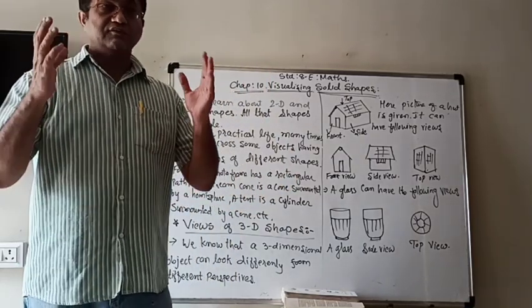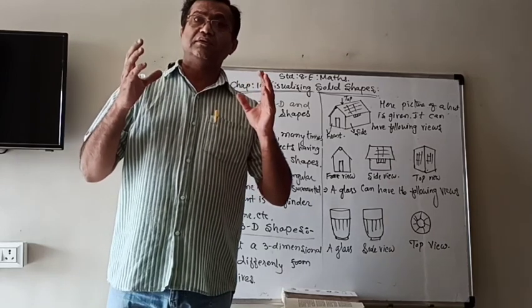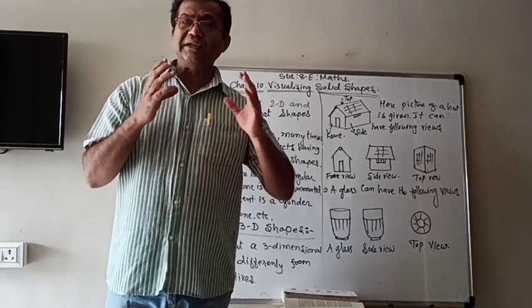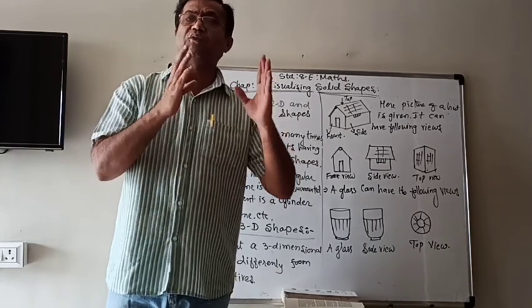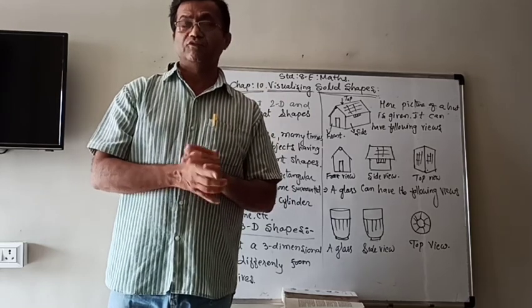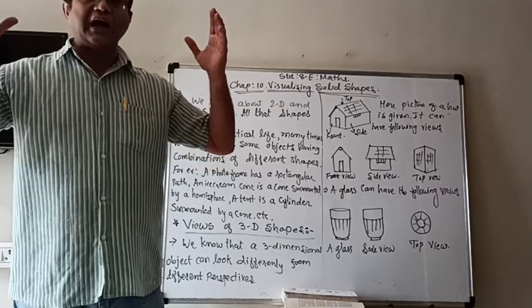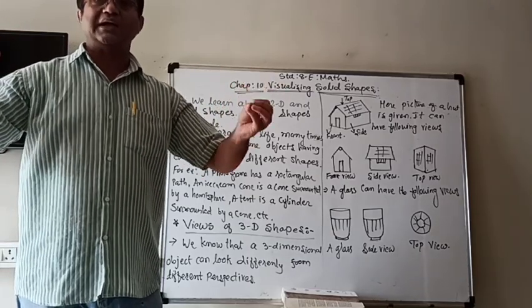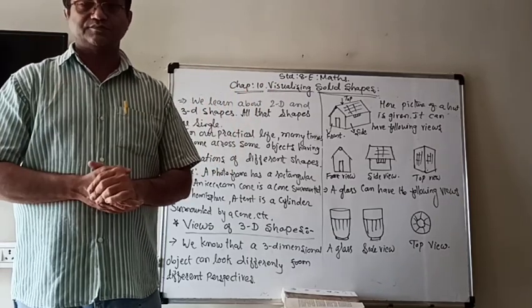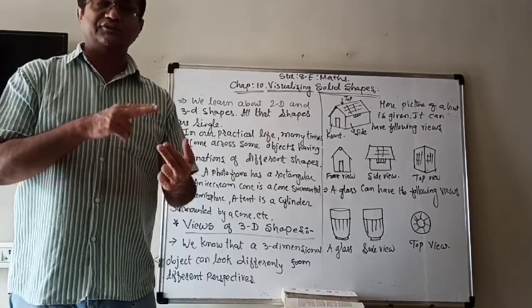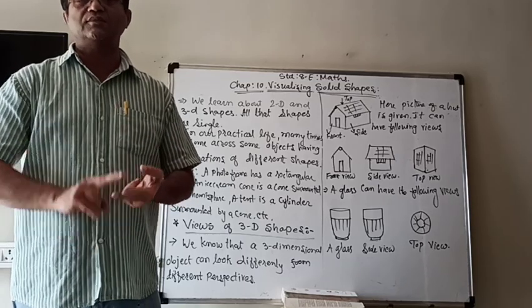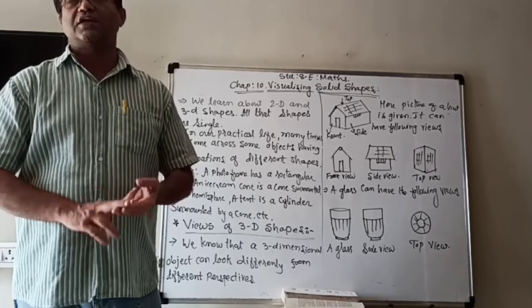And therefore, we cannot get an idea by viewing it from only one side. We have to take the different views. Then you will have the idea of what type of object this is. Only looking from the front, side or top view is not enough.